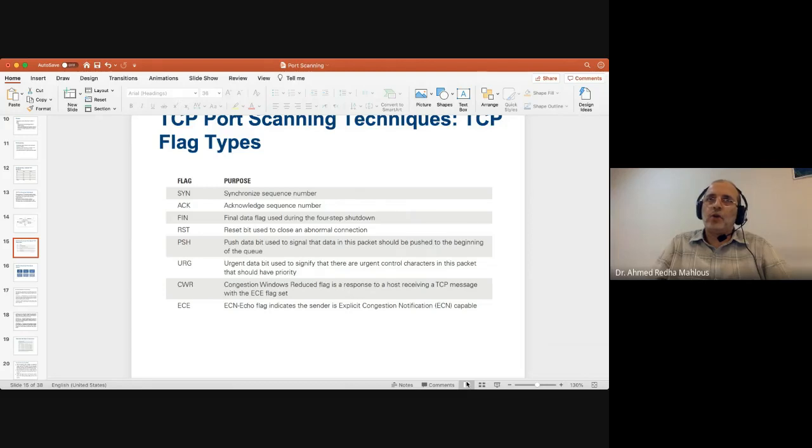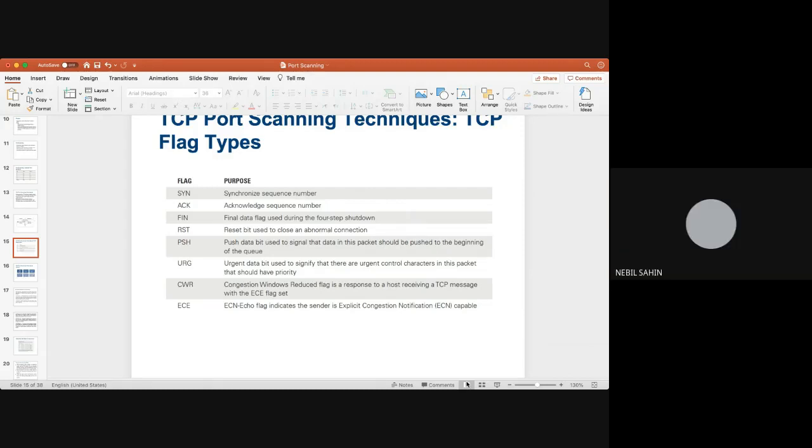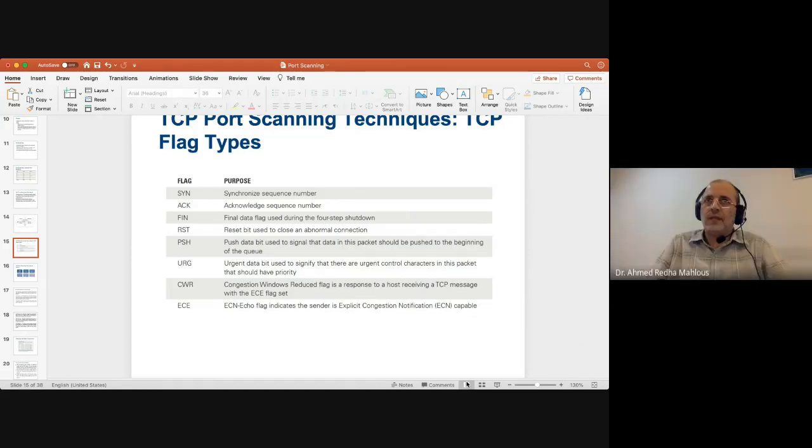When we talk about congestion, the congestion is due to what in the network? A lot of traffic to the same destination, maybe. Yes, a lot of traffic to the same destination. What is meant by that? That means the destination is receiving more packets than it can deal with.